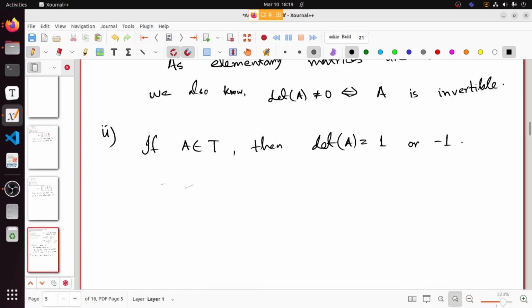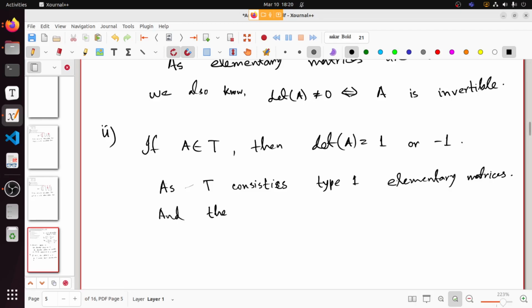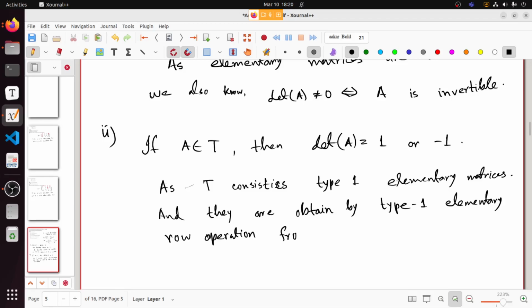So then what happens? As T consists of type 1 elementary matrices, and they are obtained by type 1 elementary row operation from the identity matrix, right?